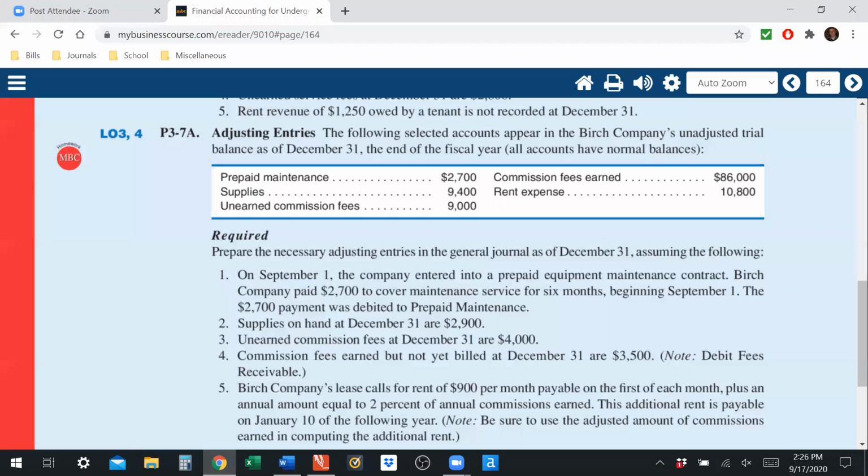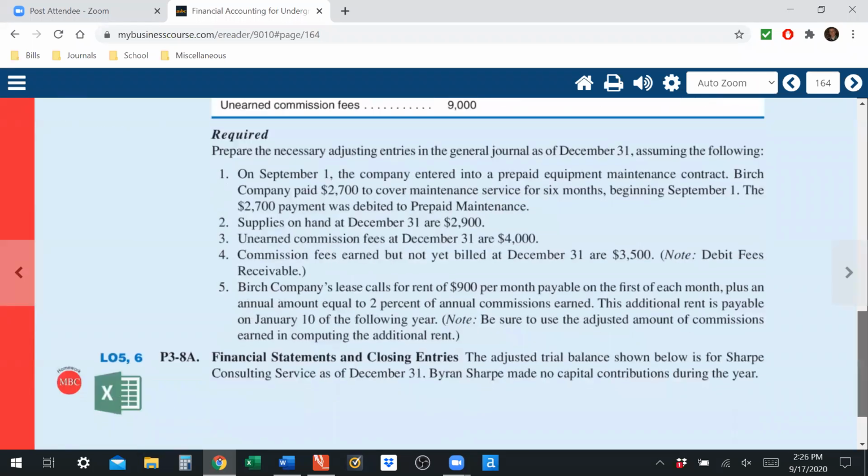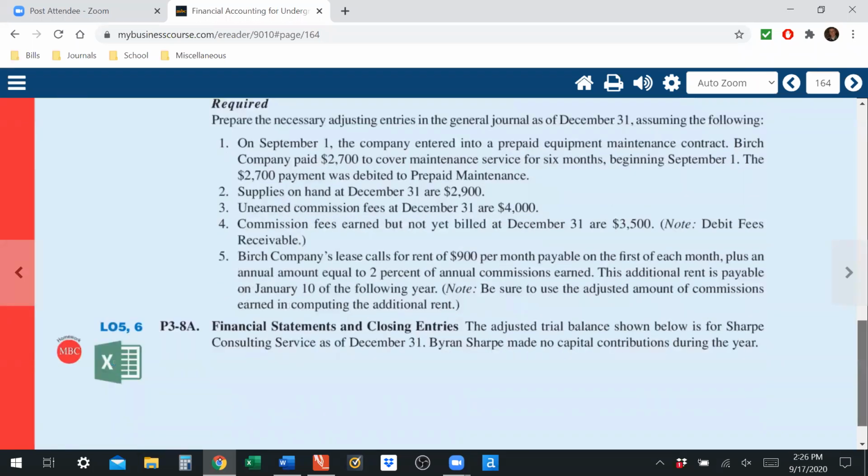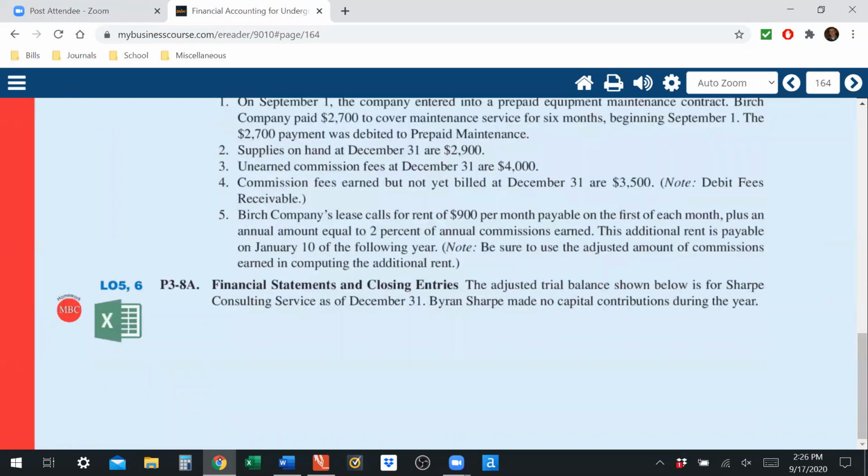So here's the problem 3.8. The adjusted trial balance is shown below for Sharp Consulting Service as of December 31st. Byron Sharp, I wonder if that's a typo, because Byron usually isn't spelled that way. But Byron Sharp made no capital contributions during the year, so they must be the primary shareholder.